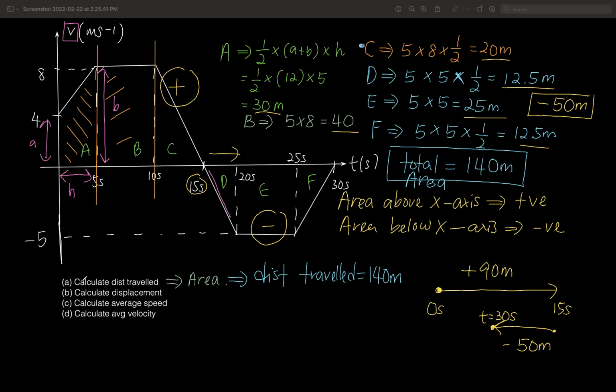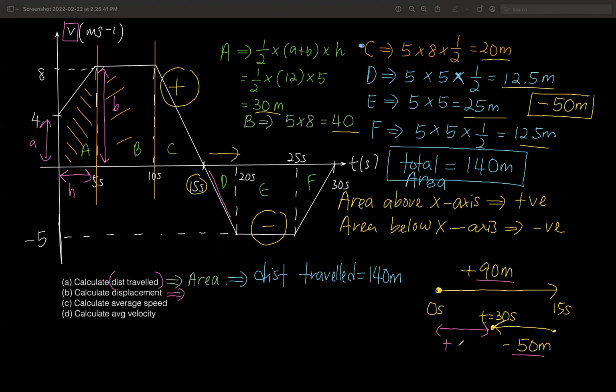But for A, since we are only finding the distance travel, it doesn't affect anything, 90 plus the 50, because it's distance travel. But when you look at B, the calculate the displacement, then it affects it, because what we are looking at is 90 minus 50, this is 40.